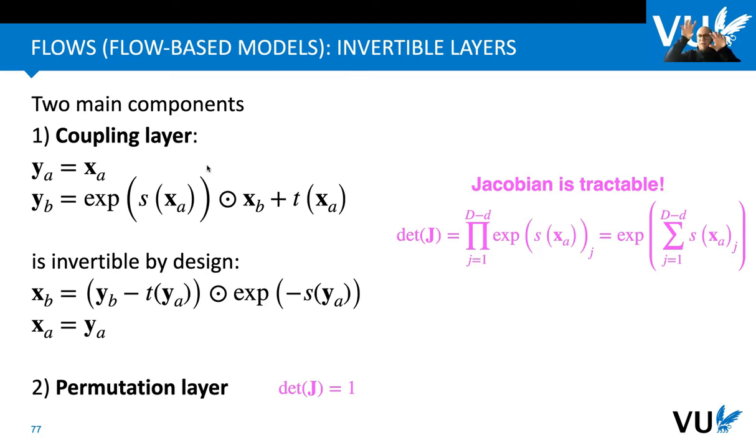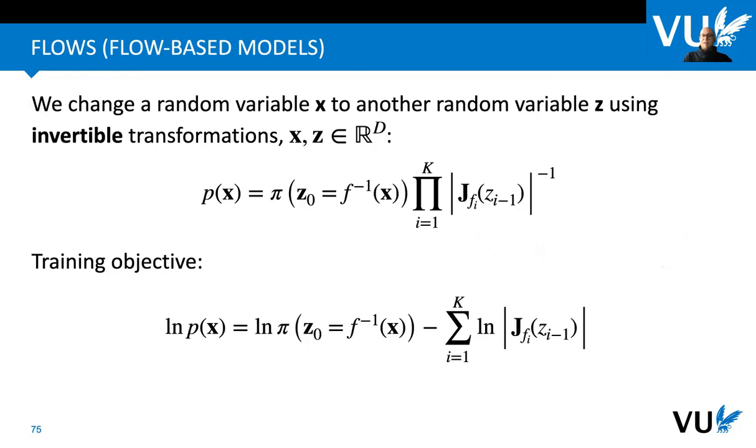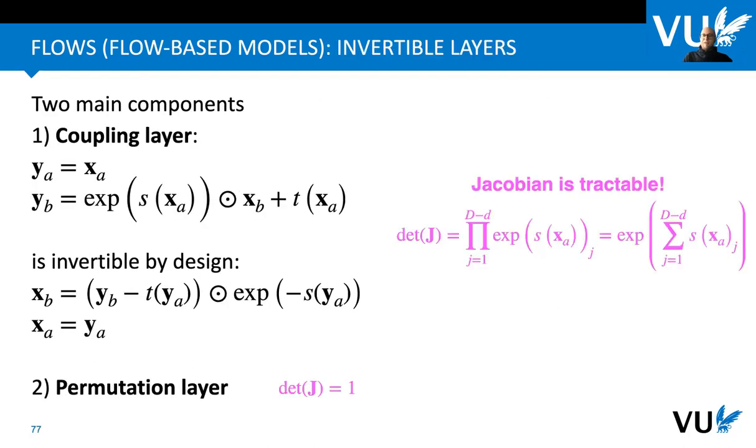But if you calculate yb with respect to xb, you will get a diagonal matrix. On the diagonal, we have just ones and this scaling term of xa. And this we can calculate very easily, okay? Especially if we now take the logarithm of the determinant of the Jacobian, then the logarithm will cancel out with the exponent, and we just have a sum of the scaling terms. So this is very good news.